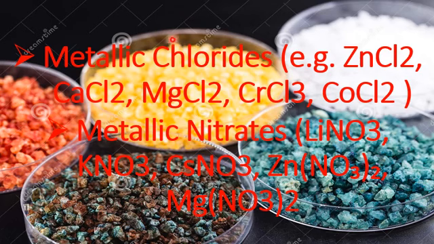So all these, whether they are metallic chlorides or metallic nitrates, are an essential part of the colloidal route of sol gel process, and they are used as an initial step for the selection of the precursor for the sol gel process.